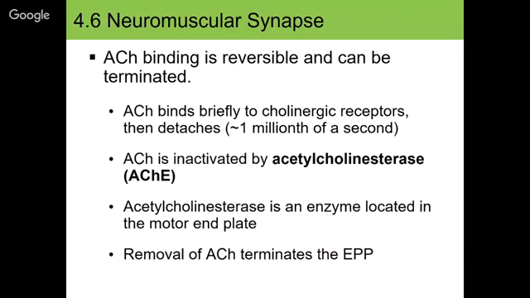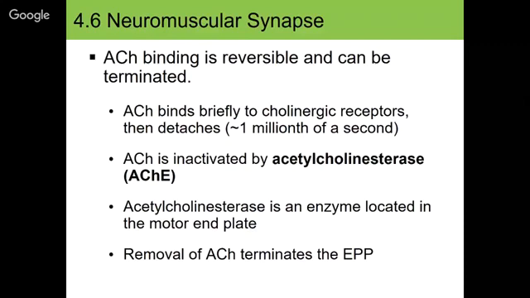the acetylcholine binding of these receptors in the postsynaptic membrane is a reversible process. What happens is your acetylcholine binds very briefly to these cholinergic receptors in the receiving muscle cell membrane.